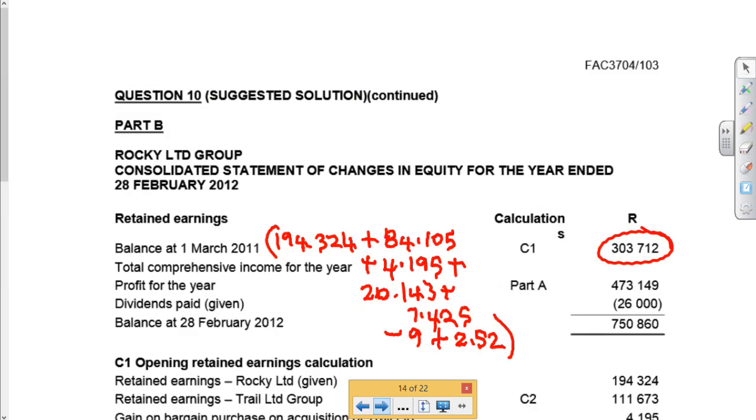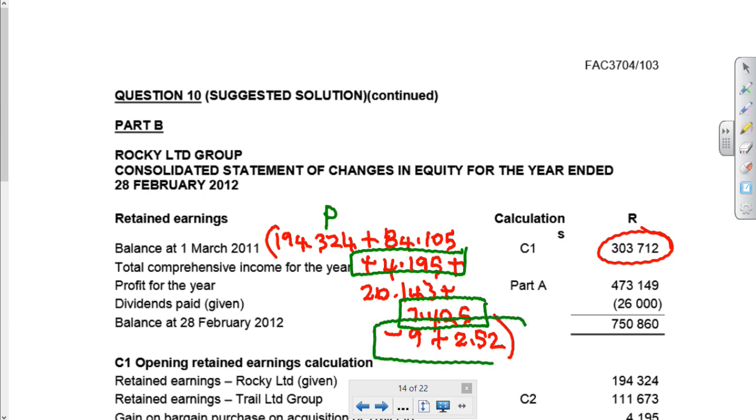And then the retained earnings was quite a few numbers. I start with parent. Parent was straightforward. Then I have the two bargains, the 4,195 and my piece of that second bargain, the 7,425, right? Then I also have the retained earnings beginning of year adjustment for the inventory, the -9 and +252, that one over there.